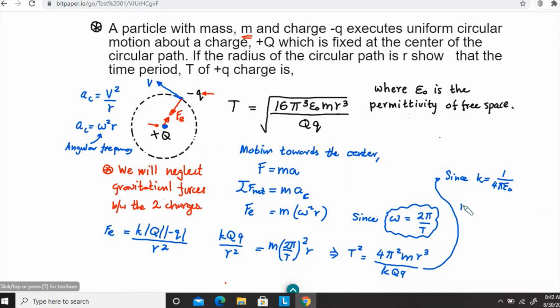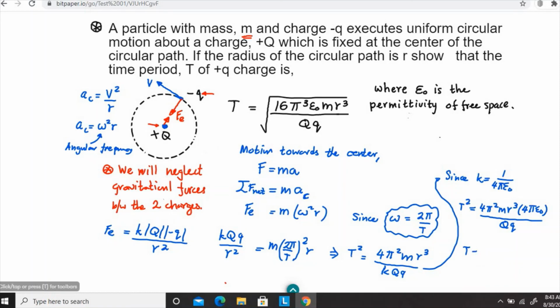Okay, so then I can write this as T squared equals 4 pi squared m r cubed times that part that came from the denominator, 4 pi epsilon naught, and then over Q times q. So now I can rearrange. So I think I have everything here.